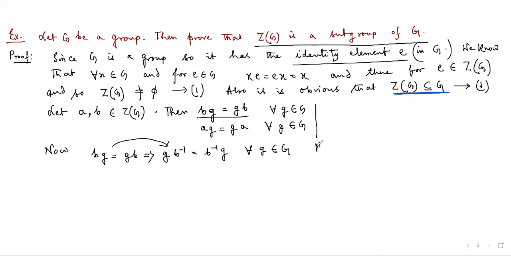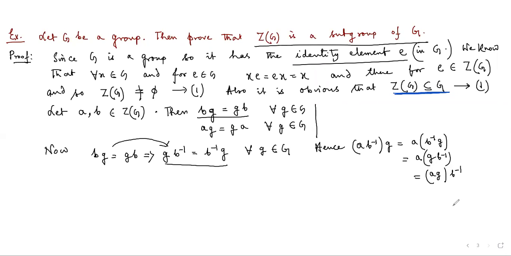And this will imply that AB inverse into G will be A into B inverse G, because it is associative as explained earlier. And since GB inverse equals B inverse G, we can write it as AGB inverse, and they are again associative, so we can write it in the following manner, and then again as GAB inverse, because we know that GA equals AG, and again they are associative.